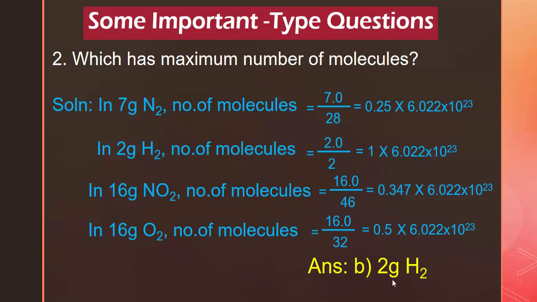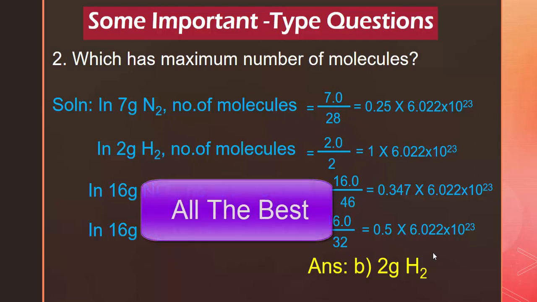Therefore option B, 2 grams of hydrogen, is the correct answer. So these kinds of simple numericals might look difficult at times when you are calculating in a hurry because of the time constraint, but just a small thought will lead you to answering these types of questions.